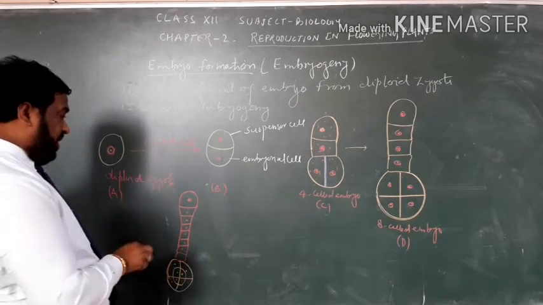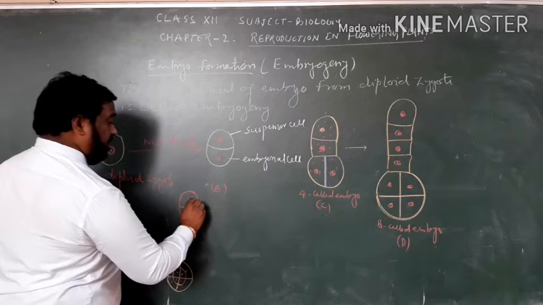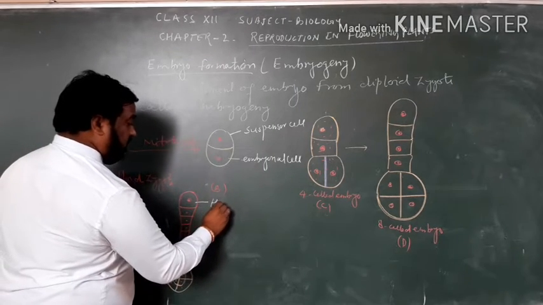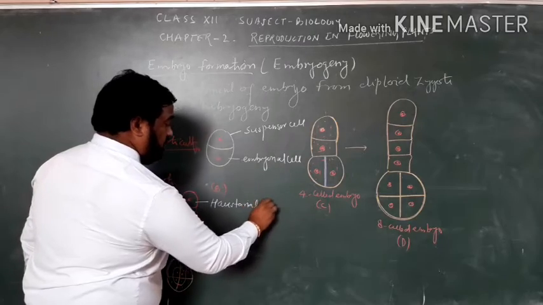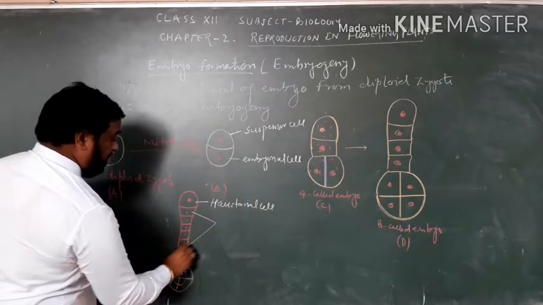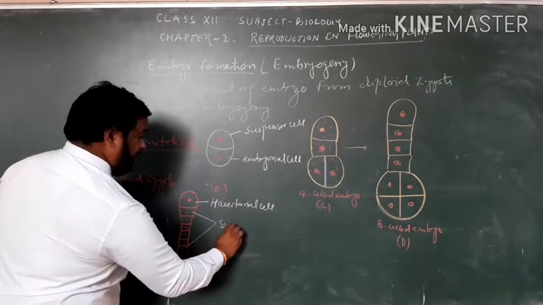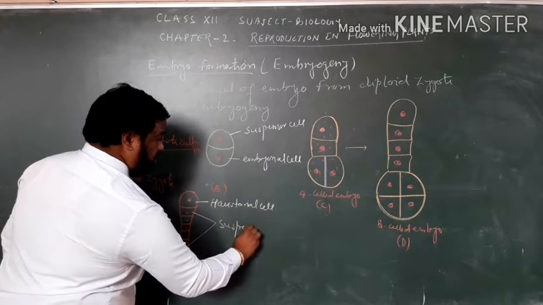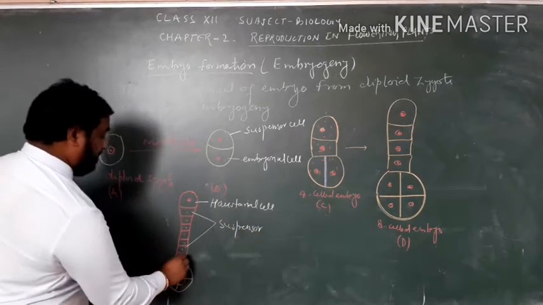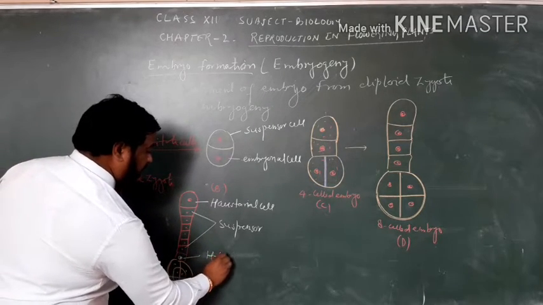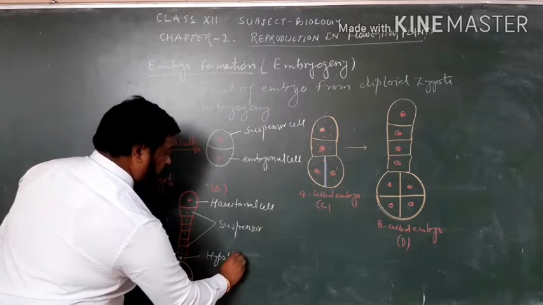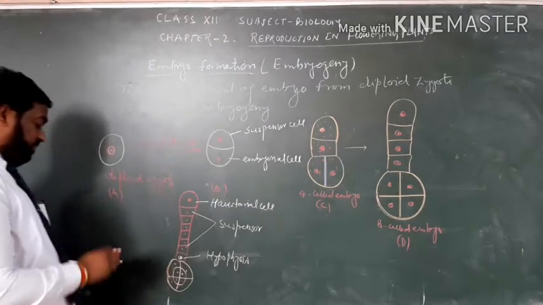So here, students, this upper cell is known as the basal cell. This is the suspensor, and its lower cell is the hypophysis.